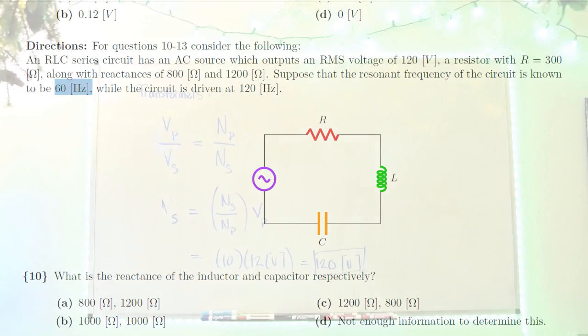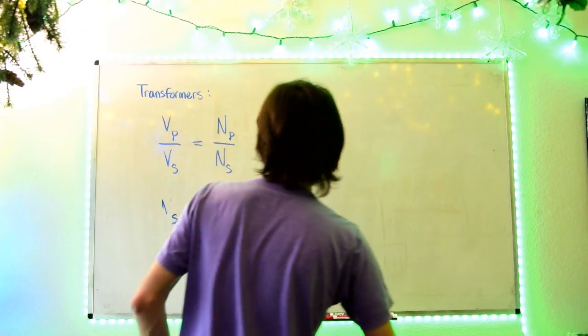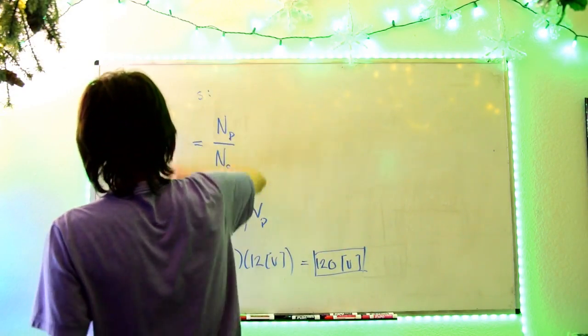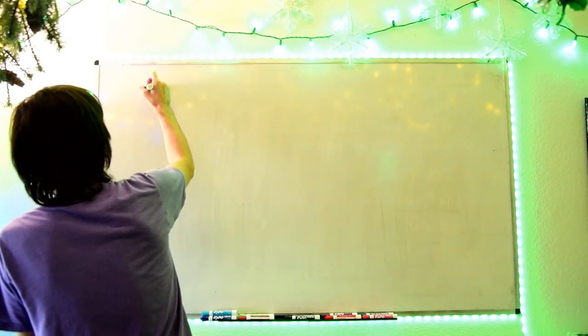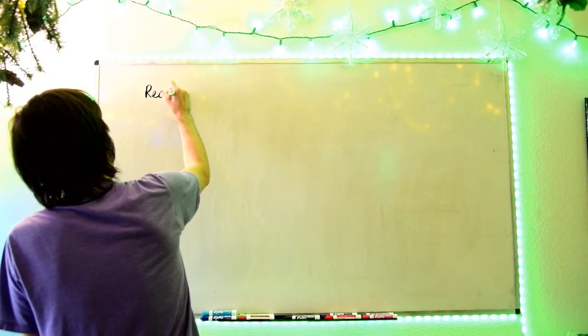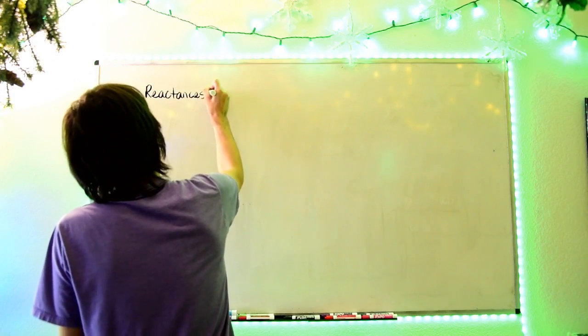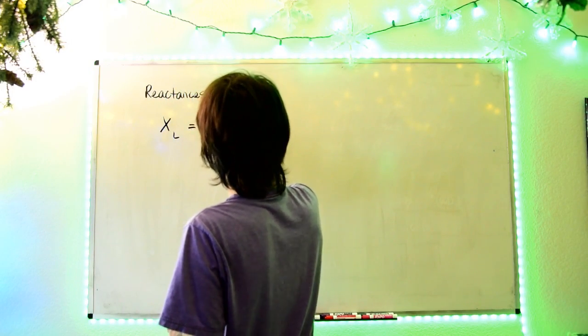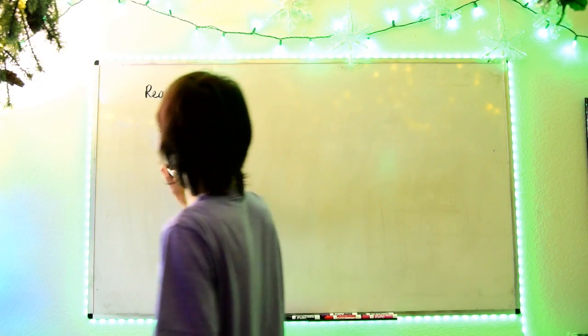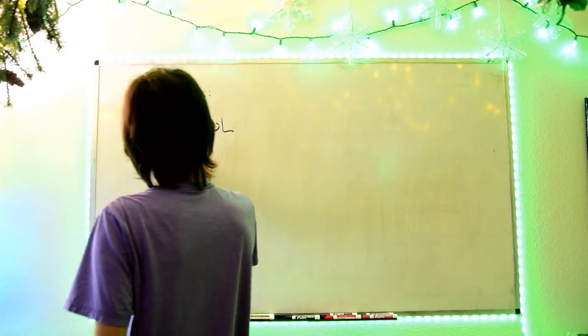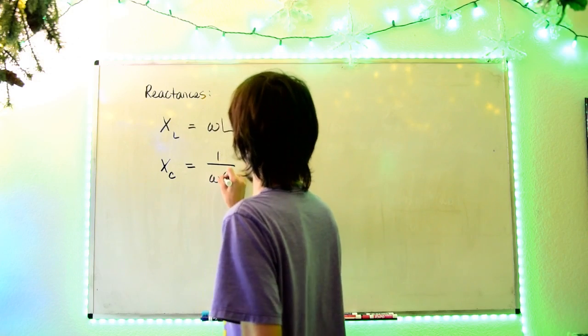Now, if you don't remember it conceptually, you can use your equations to determine this, because the reactance for the inductor, XL, is omega times L, where omega is the angular frequency, and XC is 1 over omega C.